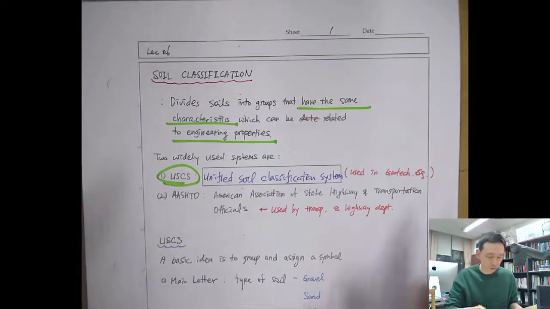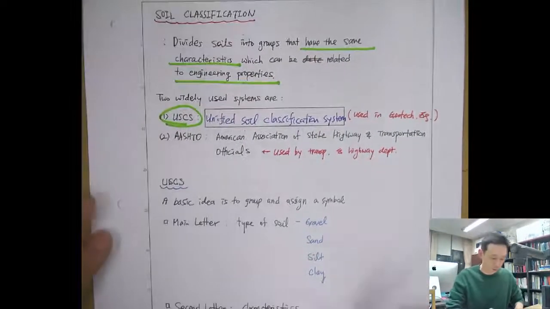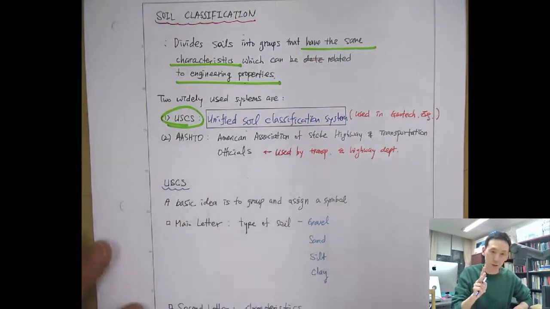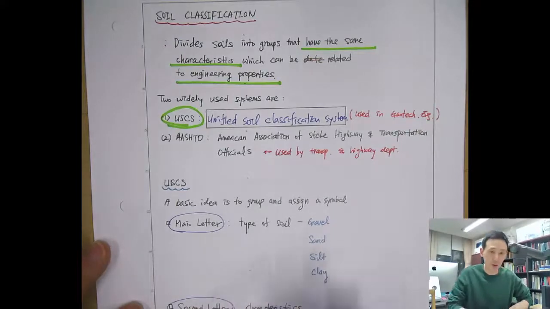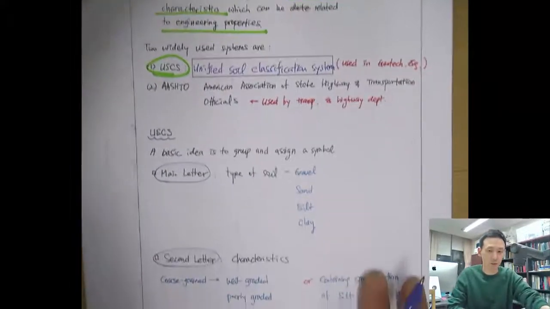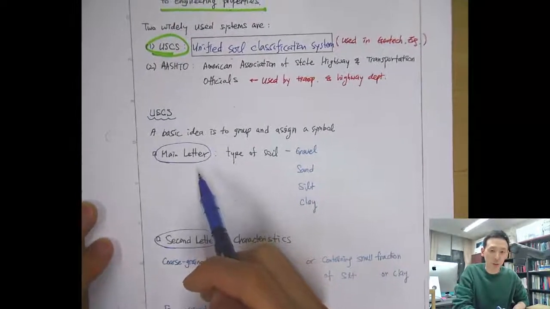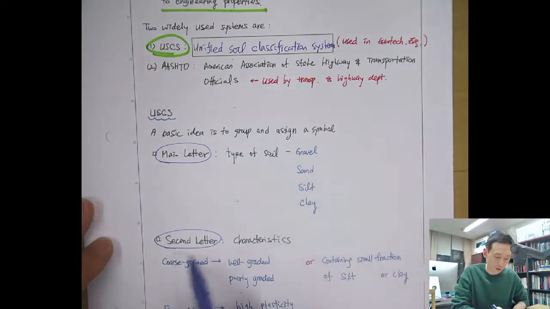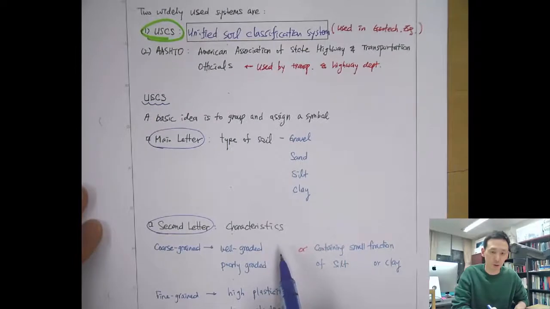So in the USCS, the basic idea is to group and assign a symbol, and there are two letters, main letters and second letters. The main letter denotes the type of the soil, either gravel, sand, silt, or clay, and the second letter describes the characteristics of the soil.